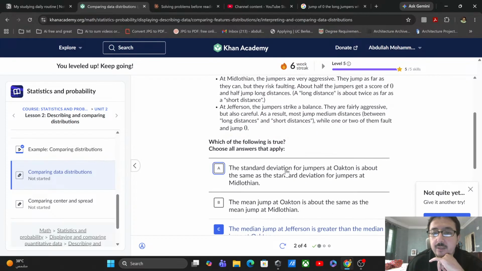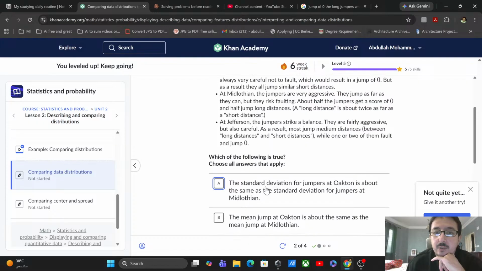Again, the standard deviation for jumpers at Octane is about the same as for jumpers at Middleton.